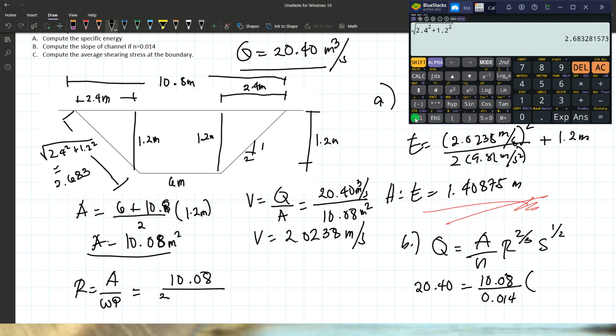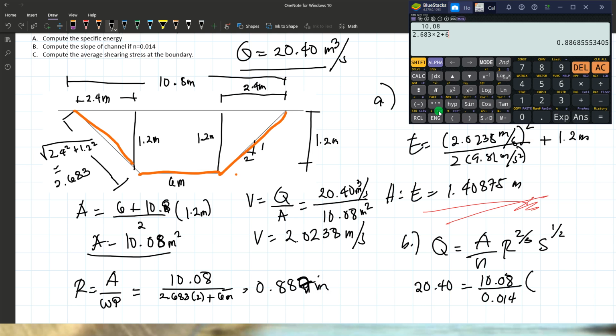So 2.683 multiplied by 2, because we have two sides, and the base, bottom width 6 meters. So our hydraulic radius is 10.08 over 2.683 times 2 plus 6, which is 0.8868, let's say 0.887 meters.